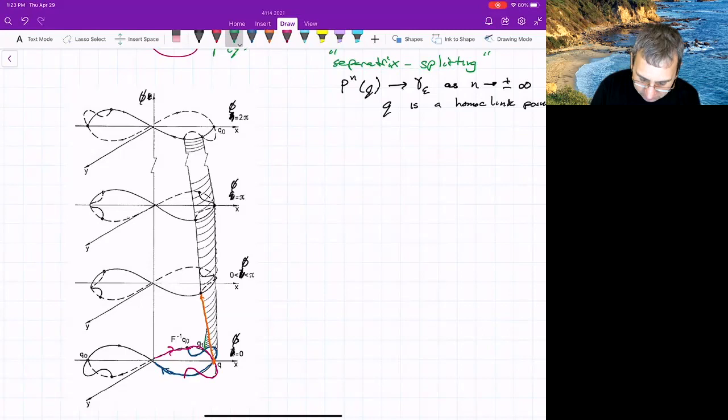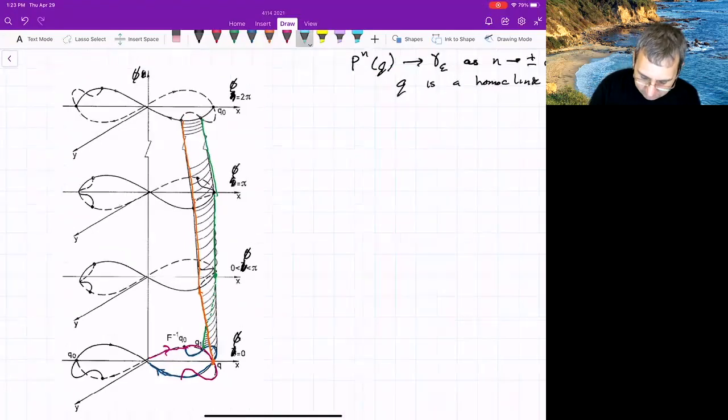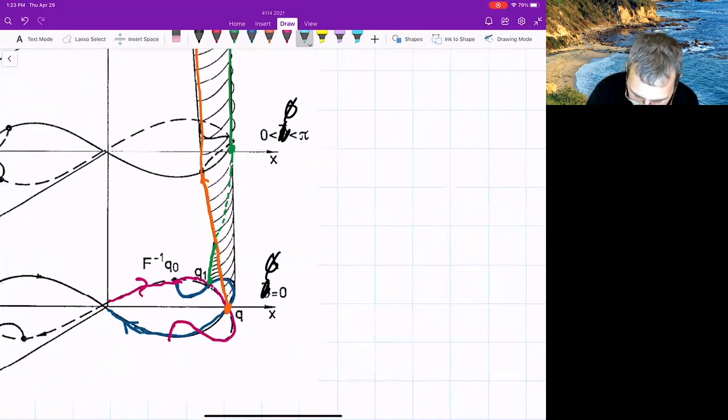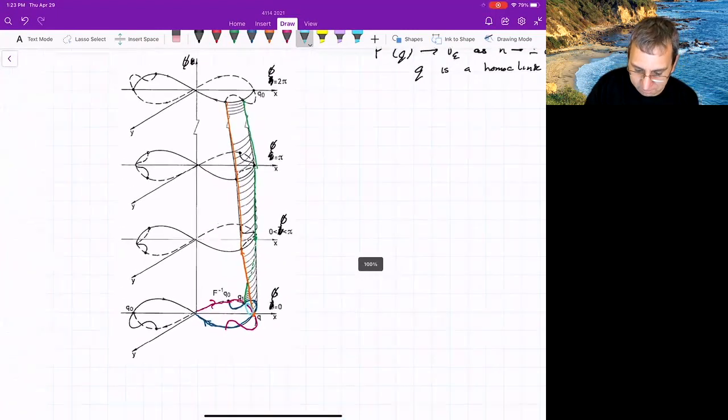Now what about the green trajectory? Green trajectory is kind of on the other side, goes to here, and then that goes to like here, and then that goes to here. And if you follow what's going on, if we had done the same thing for this part right here, that would also be a sheet in the extended phase space.